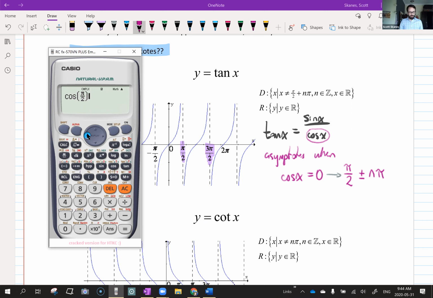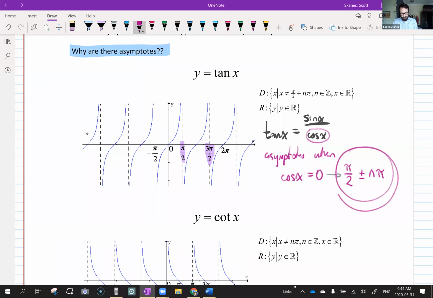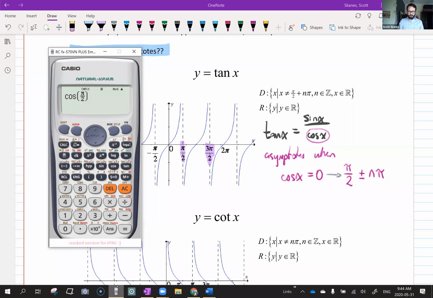Now, let me show you this. I said that it's pi plus or minus n pi. That means plus or minus 1 pi, 2 pi, 3 pi. So let me just show you. If I add a single pi to this, so add 1 pi, it should still give 0.